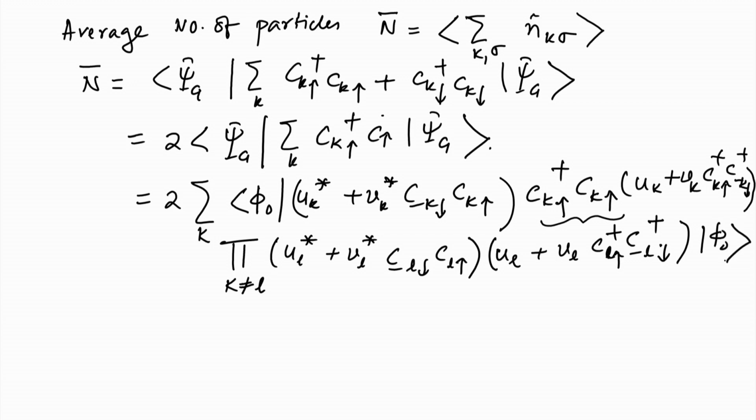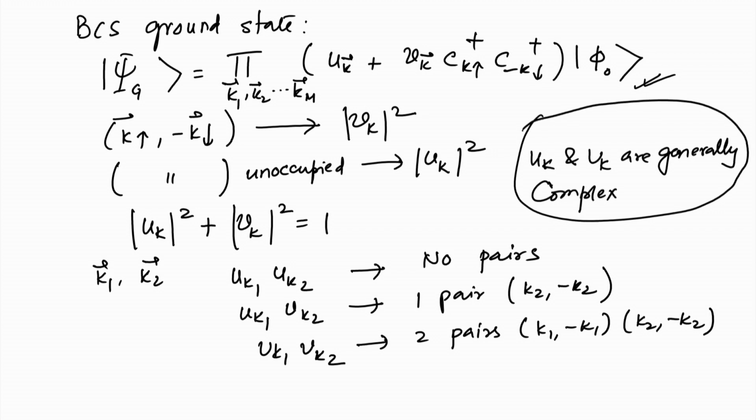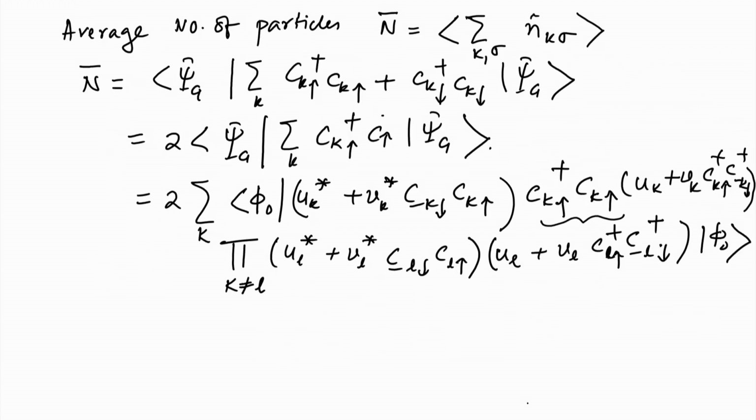So, this corresponds to k not equal to L, and the top one is for k equal to L. So, in principle u_k and v_k are complex quantities. So, let us write that u_k and v_k are generally complex. That is why the stars are written separately.